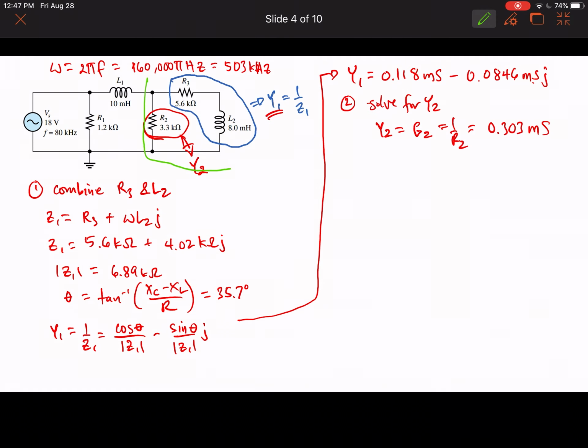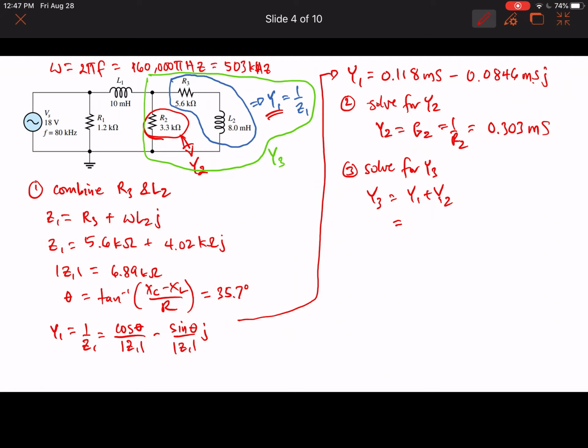Okay, now that we have these two, we can then combine them to get Y3. Y3 is just the sum of these two admittances.